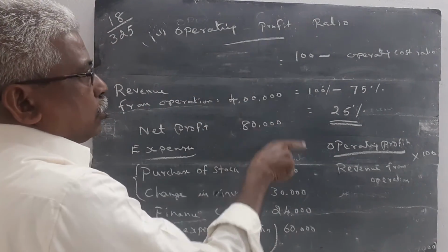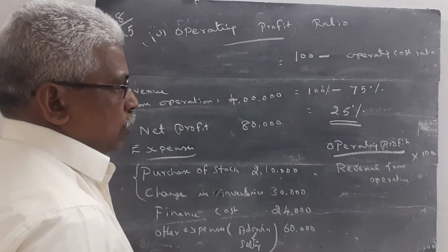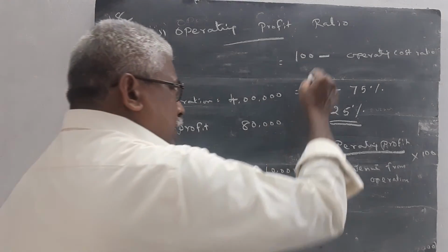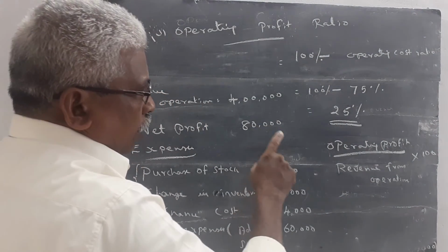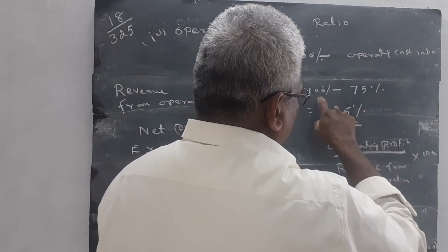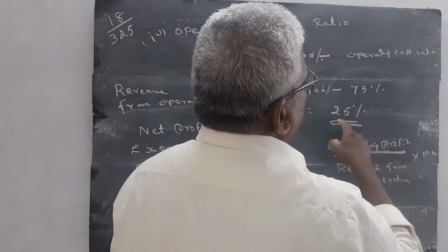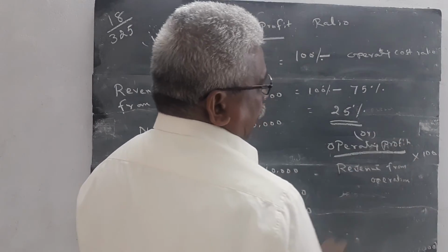So we can solve this question with two formulas. Operating profit ratio is equal to 100% minus operating cost ratio. The answer for the operating cost ratio is 75%. 100% minus 75% is equal to 25%.